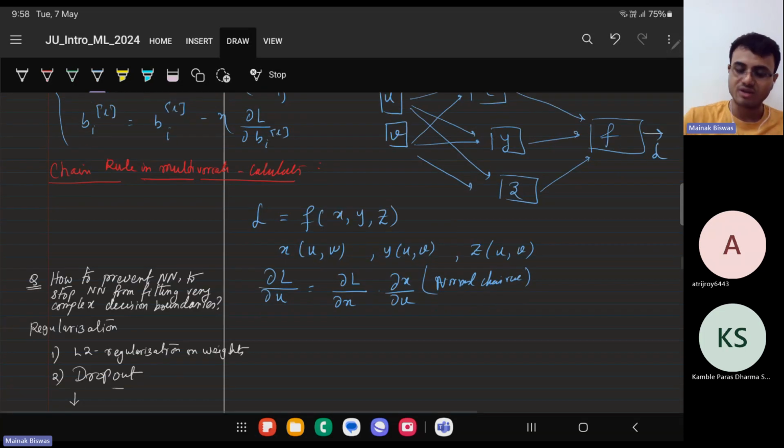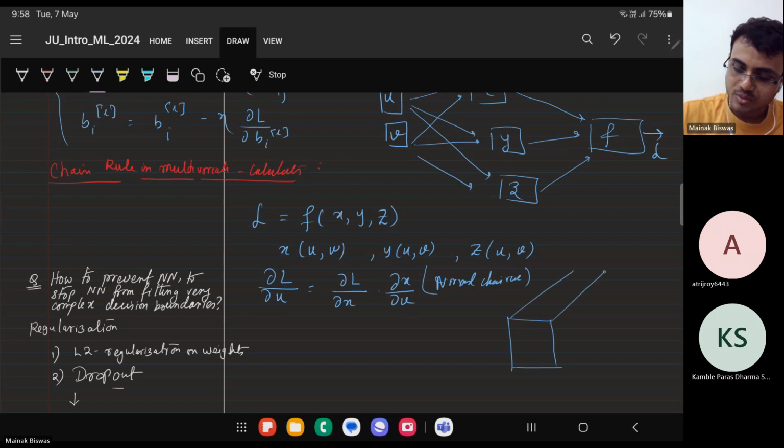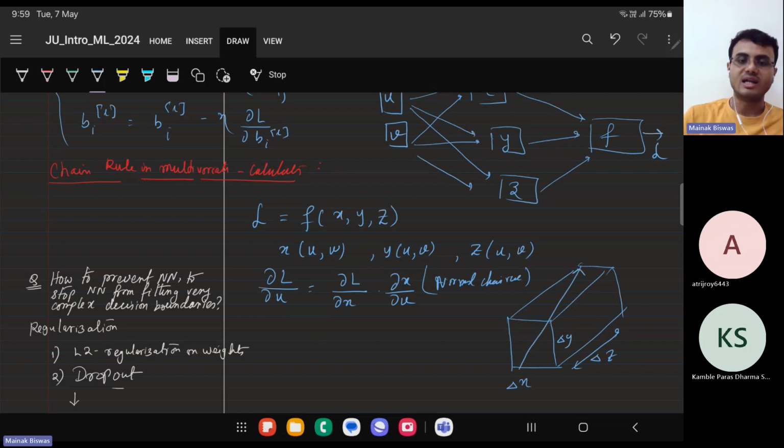f depends on three factors. So let us take three factors now. Understand three factors: x, y, and z. Delta x, delta y, and delta z. To see the actual change of the function L, we have to see all of these changes separately, or you have to see the change along this vector, which is a difficult problem.